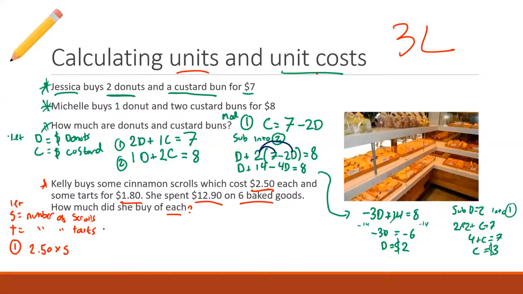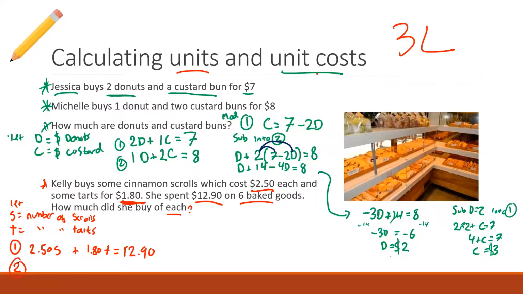If I then add $1.80 times T, the number of tarts, that gives me the money spent on tarts. And if I add the two, the total will be $12.90. So that's my first equation.